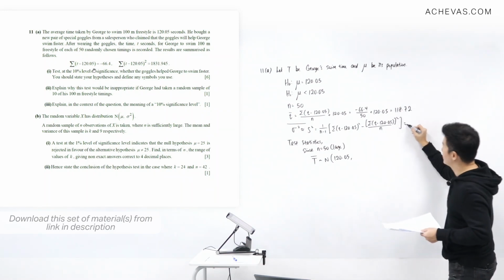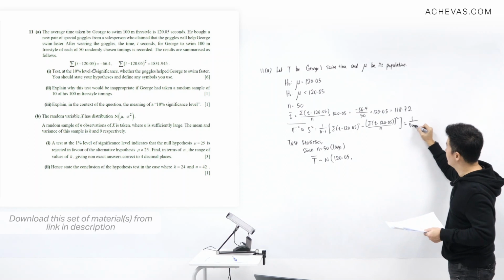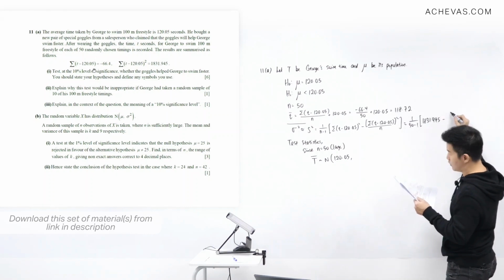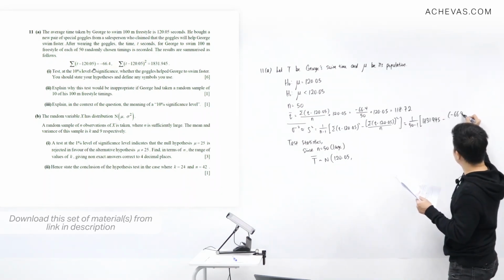So this is going to be calculated as 1 over 50 minus 1, multiplied by 1831.945 minus this squared, negative 66.4 squared divided by n, which is 50.